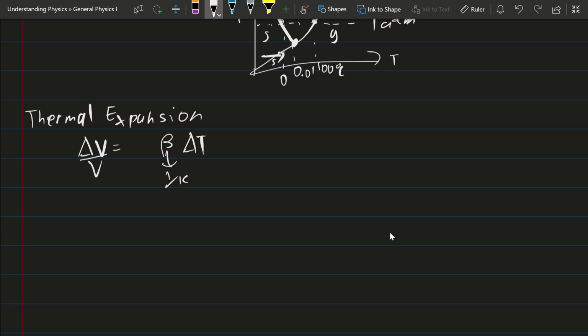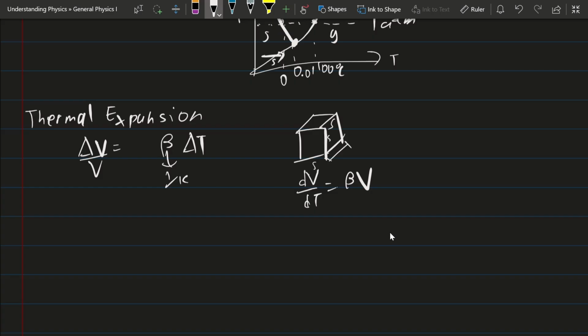So if you want to transform this into a linear expansion, let's think of this as a box with a certain volume, and then we want to determine what the length is. We know the box itself to be S times S times S. Let's just assume that to be the case. So we could write the change of V over the change of temperature would be beta V. You can just see it from here, right? So this is a differential equation, right?